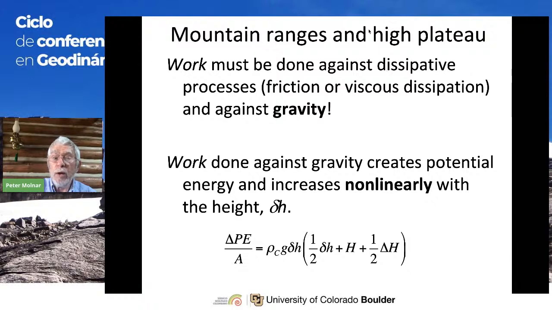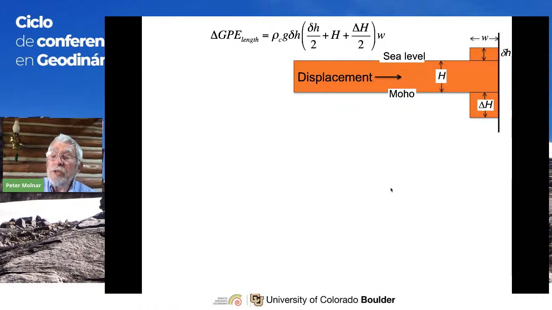But there are two resistances, these dissipative processes and gravity. And work done against gravity creates potential energy and increases nonlinearly with height. This is nonlinear. You have delta H squared here, and because big delta H is proportional to little delta H, again, you have a squared term. Again, this is emphasizing that it's easier to widen a mountain range than build one.